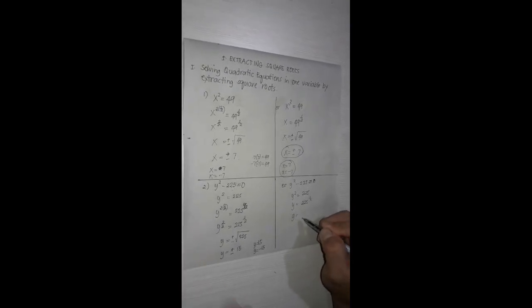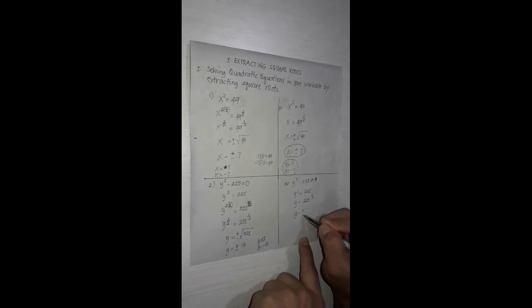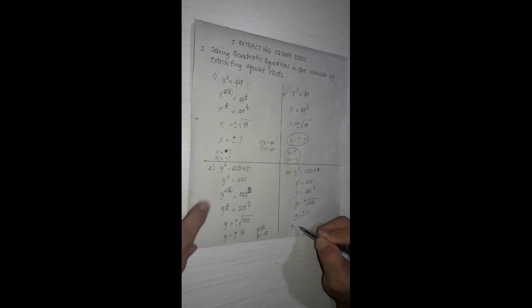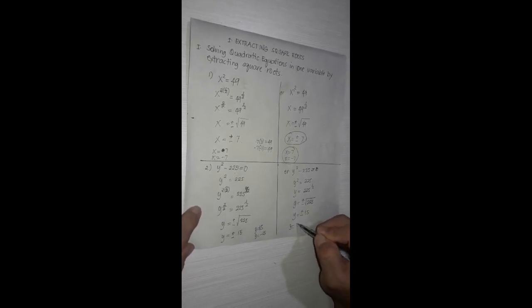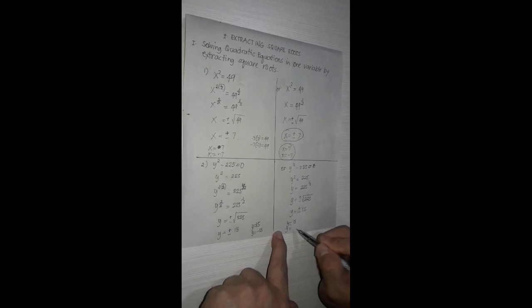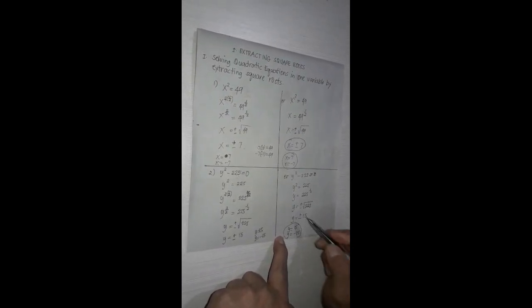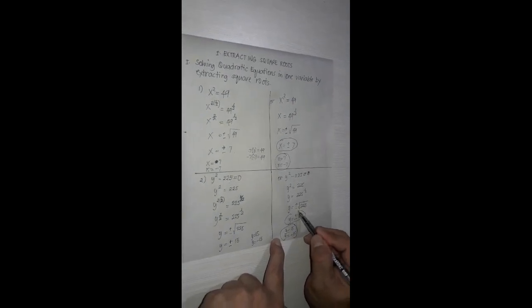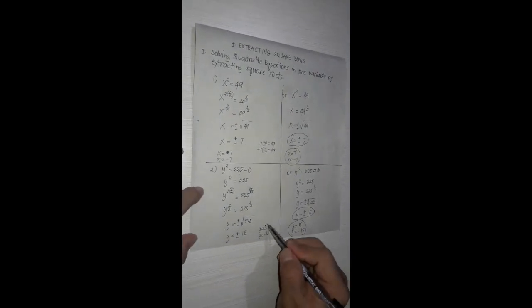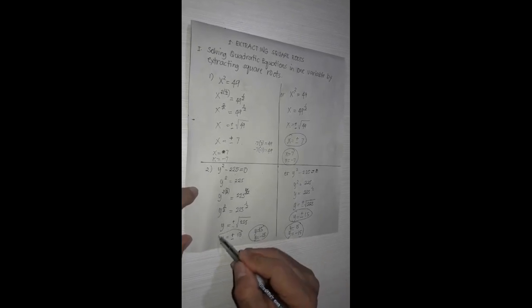Then y is equal to positive or negative square root of 225. So y is equal to positive or negative 15. So this is y is equal to positive 15 and y is equal to negative 15. You can have this one as your final answer, or you can have this as your final answer.